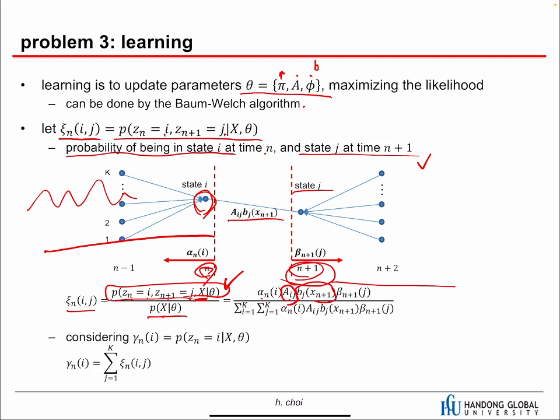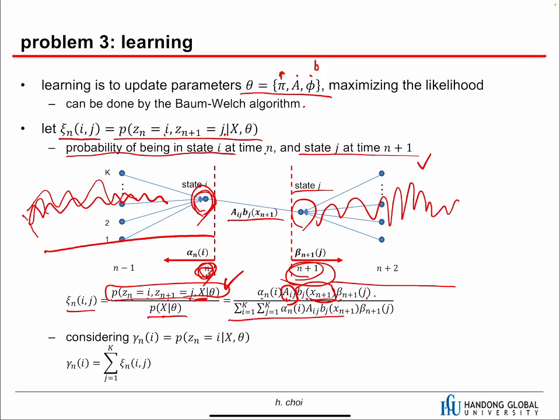Okay, so from this alpha, we have some path, but at the end, the state should be i, okay? And with beta, we can have some path, but at time n plus 1, the state should be j. And then we have a transition between i and j, and we have the emission probability at j for x_{n+1}.